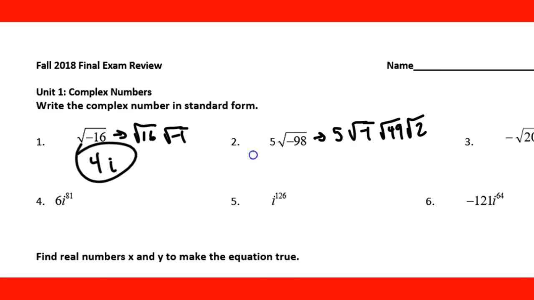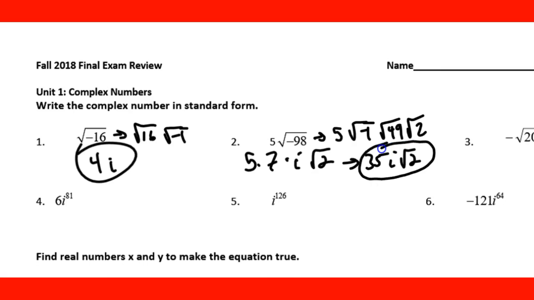Now, the square root of 49 is 7. Understand all this is multiplication. The square root of negative 1 is i, and the square root of 2 is the square root of 2. So now we just multiply. 5 times 7 is 35. So that gives us 35i square root of 2. There you go right there.